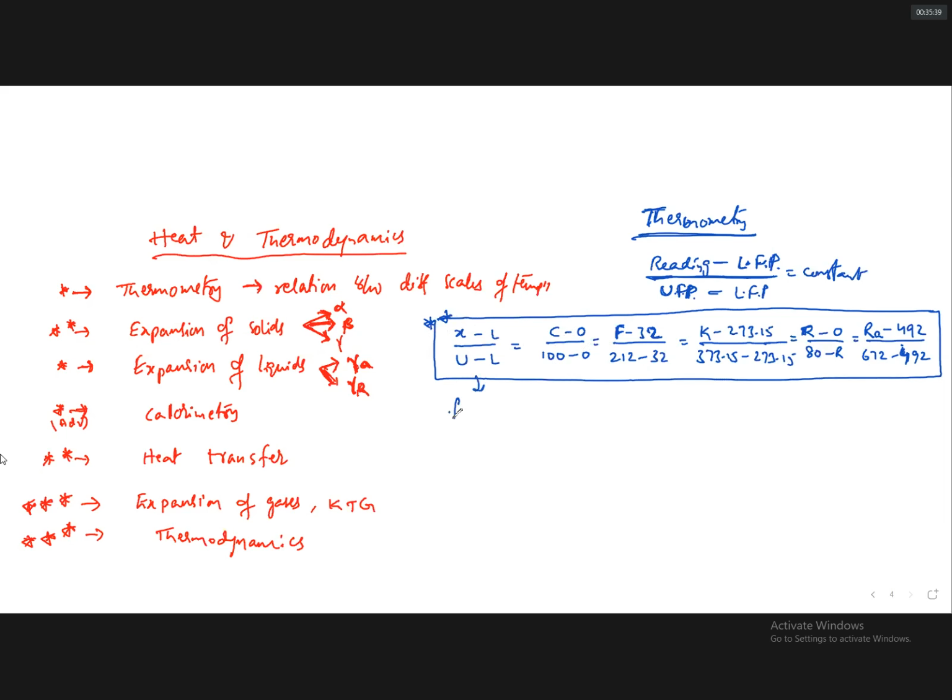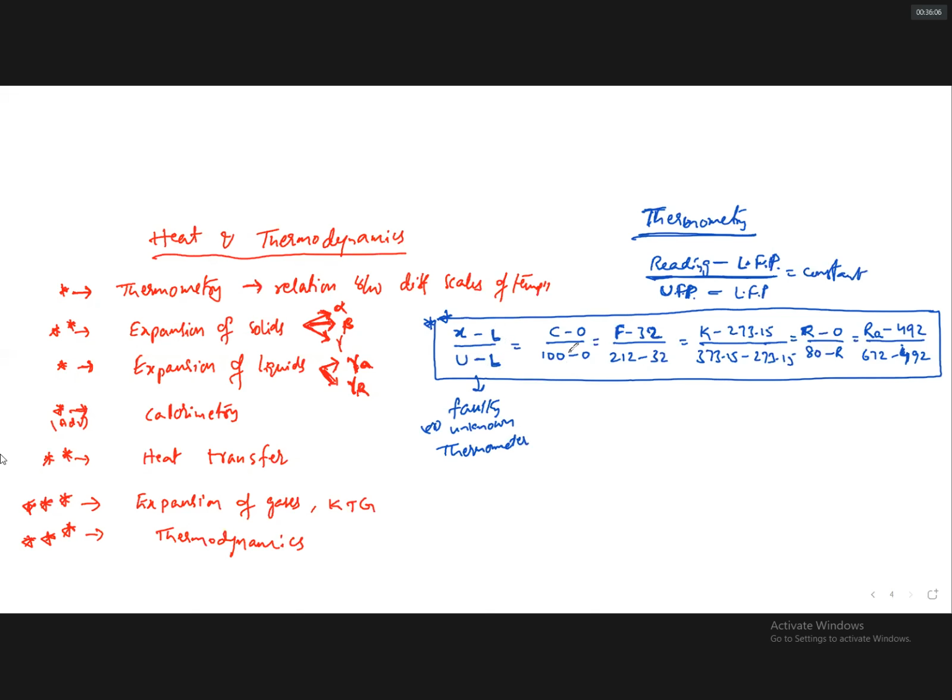So this is a faulty or unknown thermometer with an unknown scale, in which X indicates the reading in that unknown scale, L indicates the lower fixed point, and U indicates the upper fixed point.